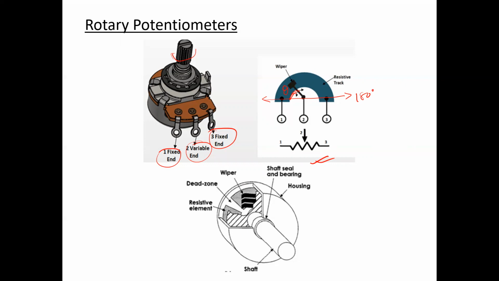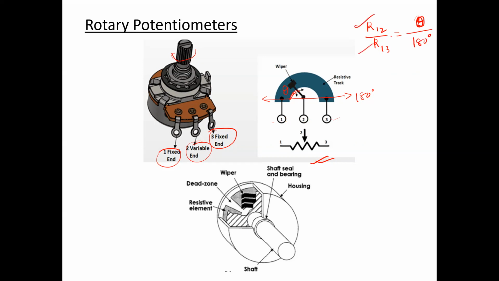Depending on the position of the wiper, suppose we want to determine this angular shift, theta. How can we do that? We know that because it is a semicircle, it is 180 degrees. The resistance between terminal 1 and 3 can be easily determined. Then depending on the position of the wiper, the resistance between terminal 1 and 2 can also be determined, and there is our unknown angle theta and the total angle 180 degrees.